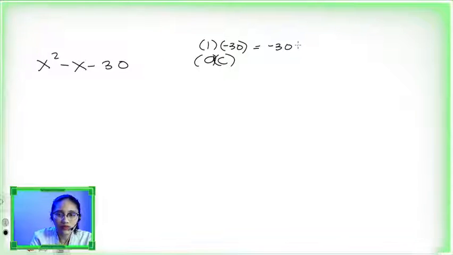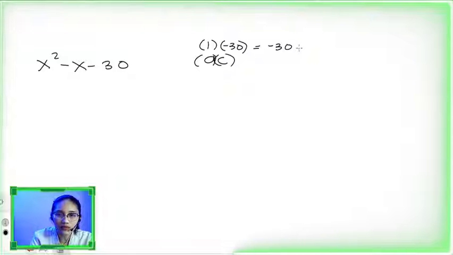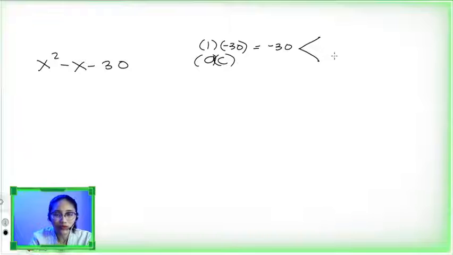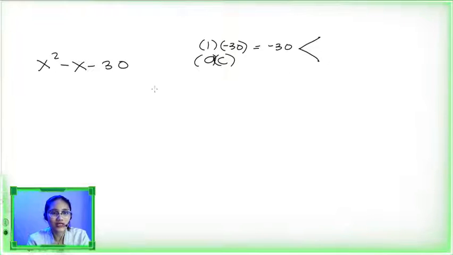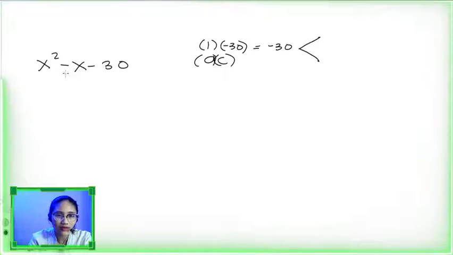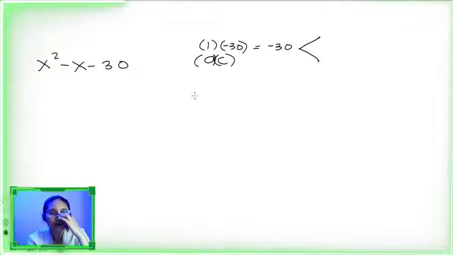Now, why do we need to get this product? Because we're going to look for the factors of negative 30, wherein yung two numbers na yon, the sum is negative 1. That's the purpose of the linear term. Dapat match sila, okay?